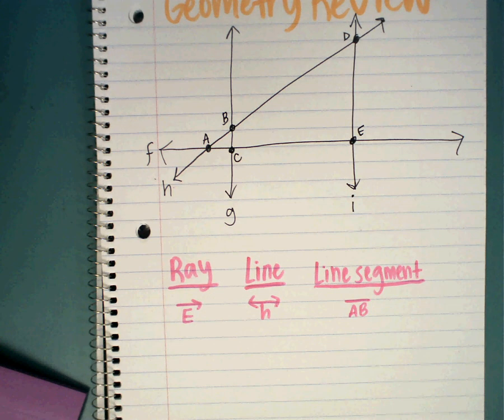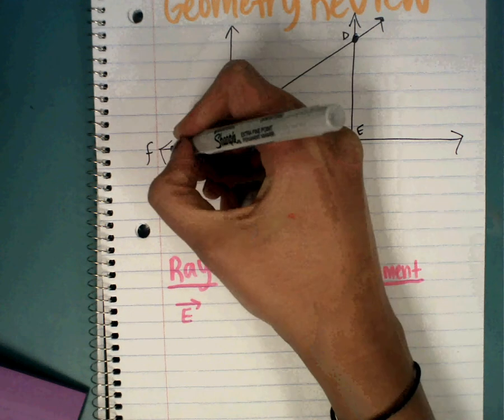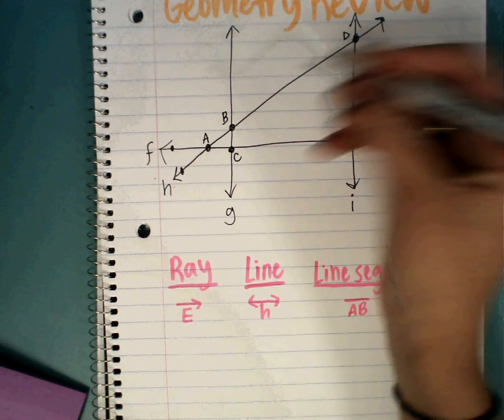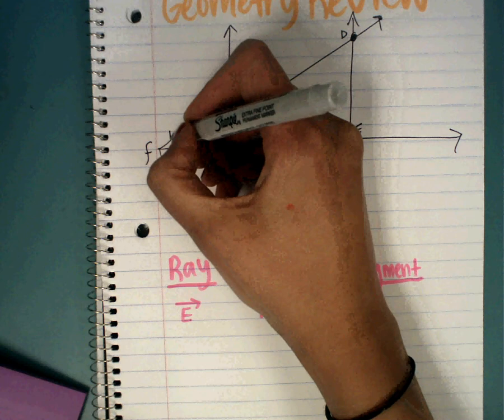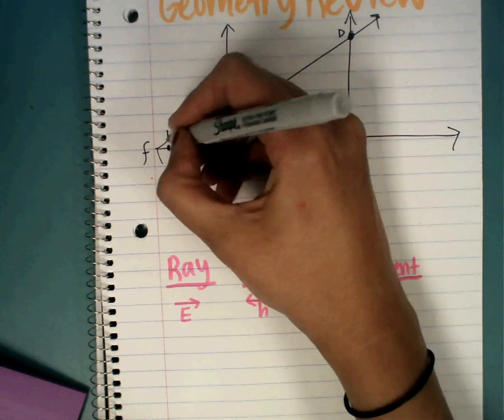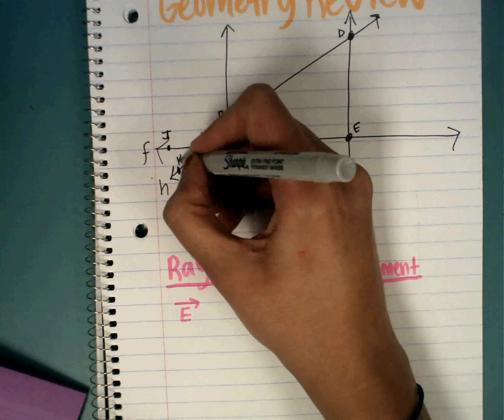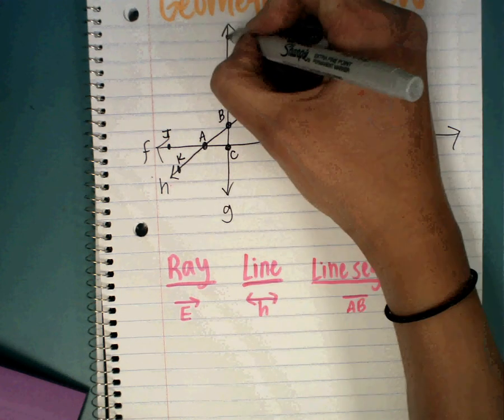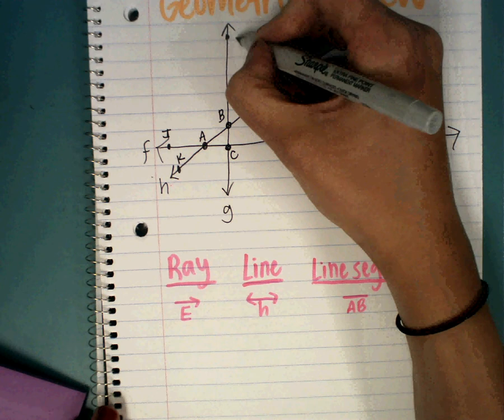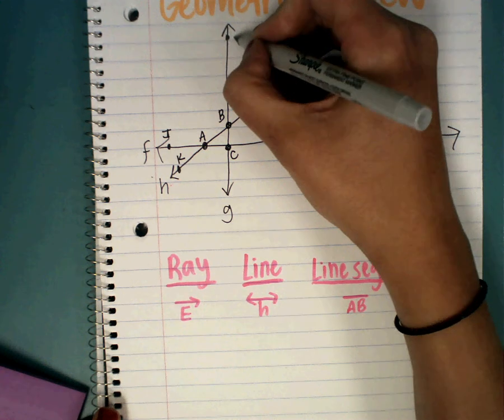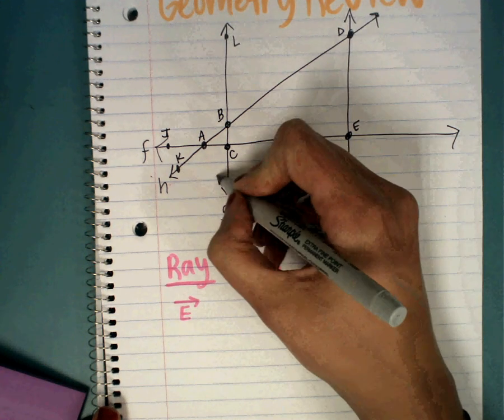So anyway, let's put a couple more points on here. Let's put a point here, one here. We'll call this one J. Let's call this one K. Here, let's do L, M, N, and P. Okay?